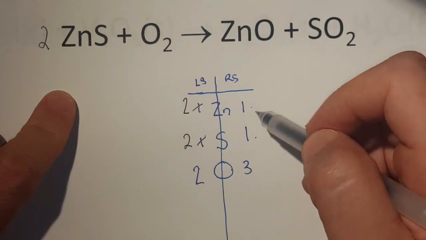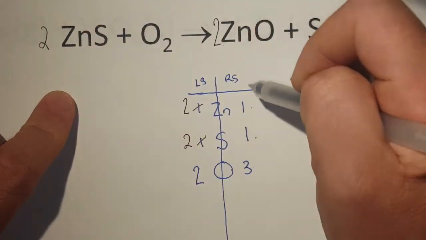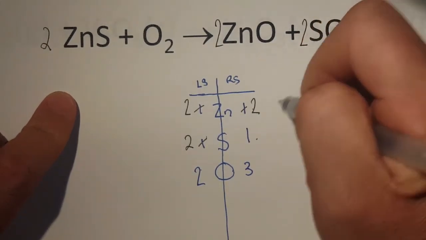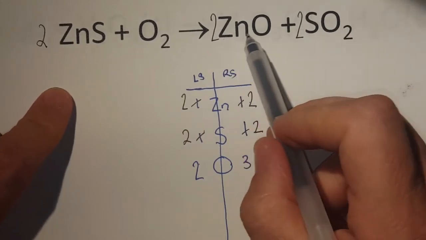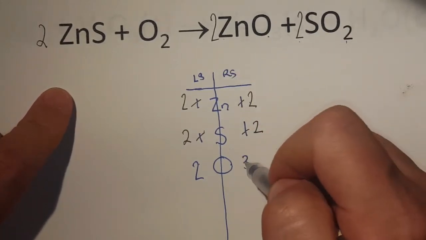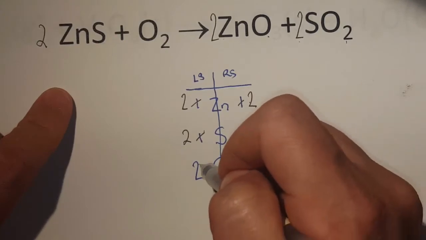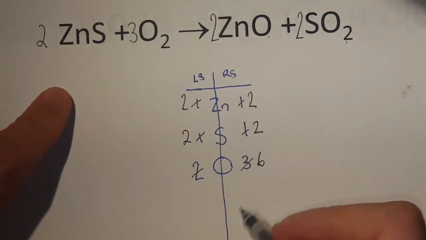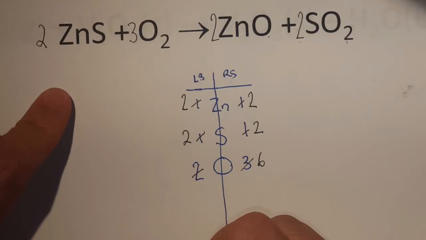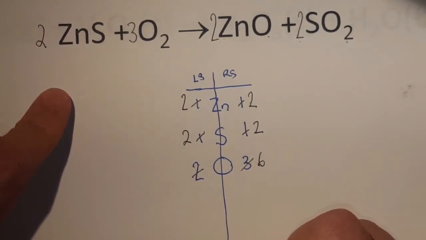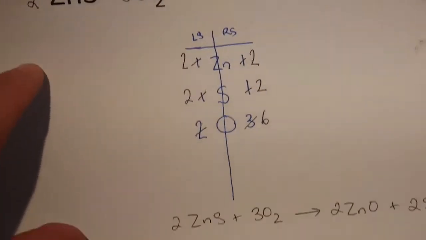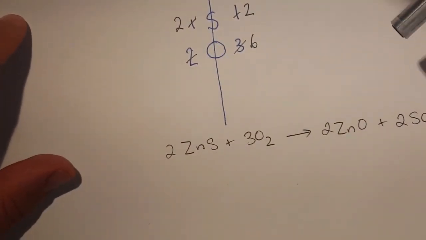So I put a 2 there to balance my zinc, and a 2 there to balance my sulfur. Now I have 2 oxygens plus 4 oxygens, which makes 6, so I'll put a 3 there so that it balances. And we just have that as our balanced equation.